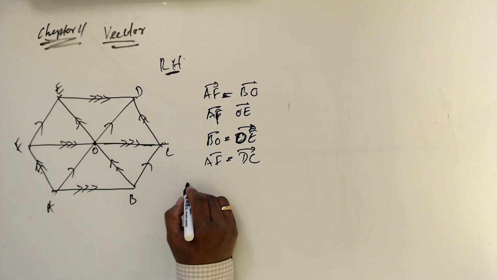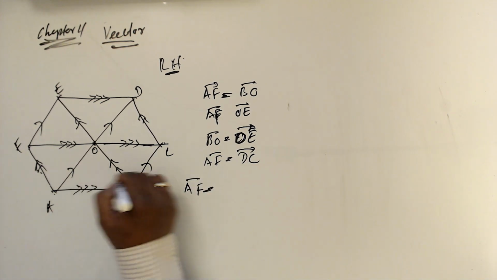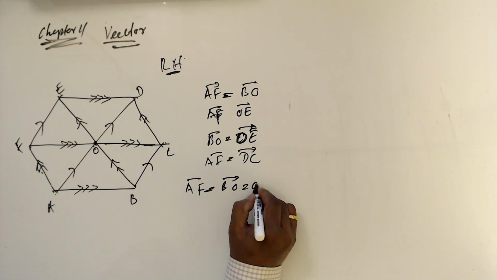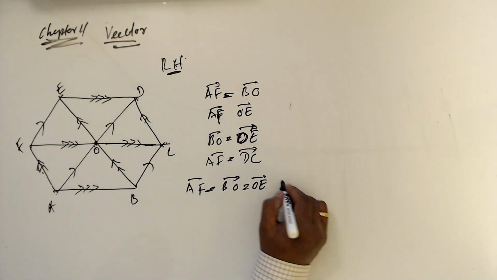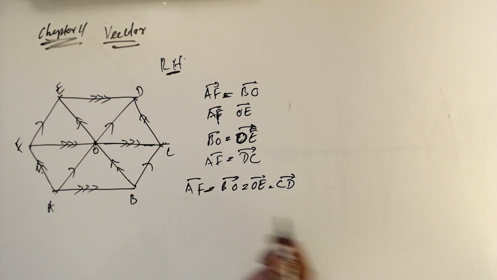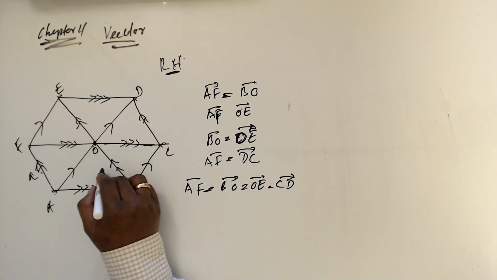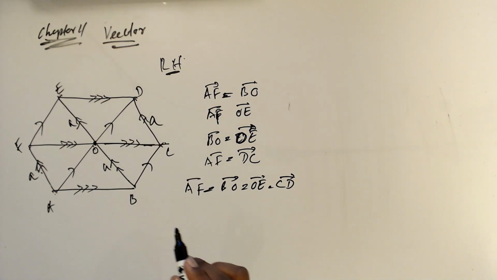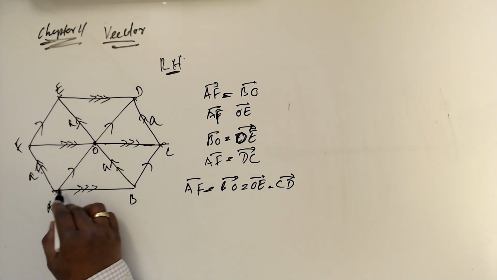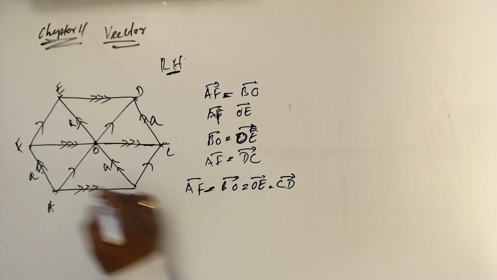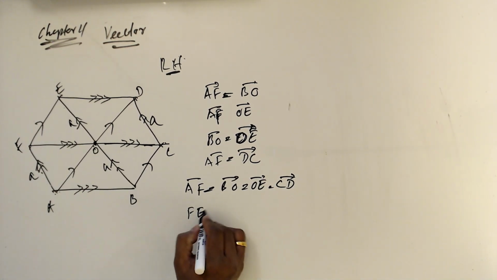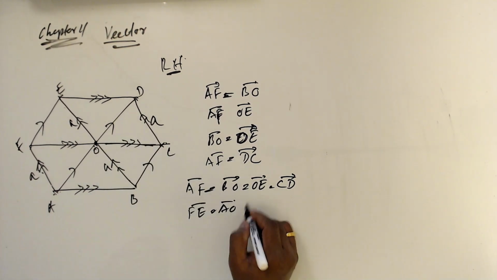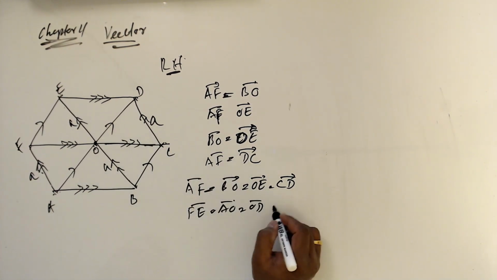Basically you can write in one go AF equal to BO equal to OE equal to CD. They all are equal. If you take this is A, this is also A, this is also A, this is also A. And FE equal to EO equal to OD equal to BC.